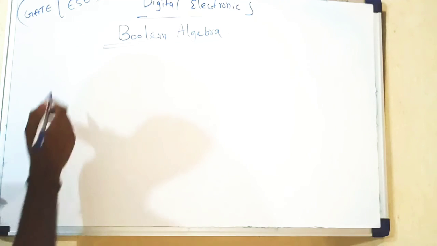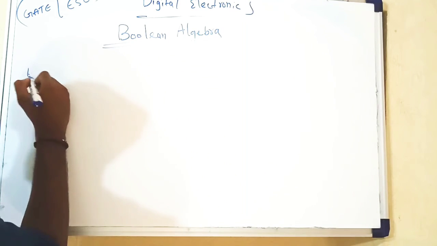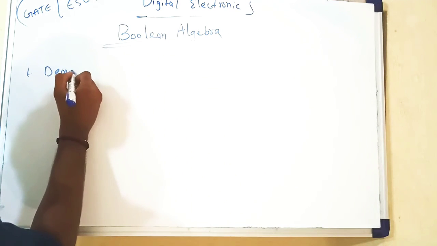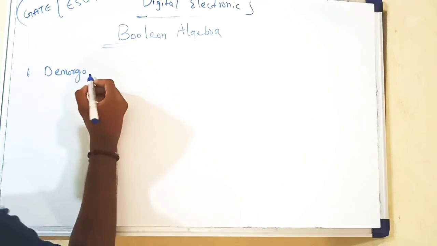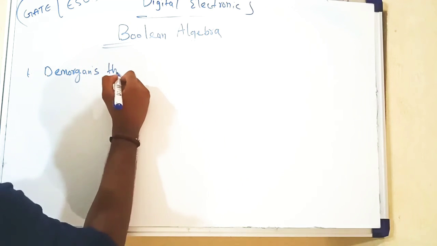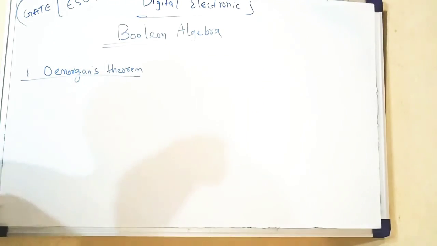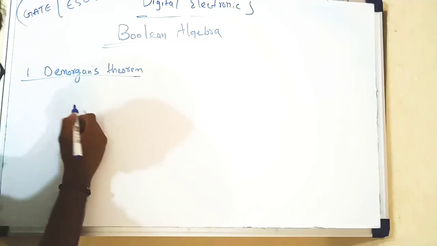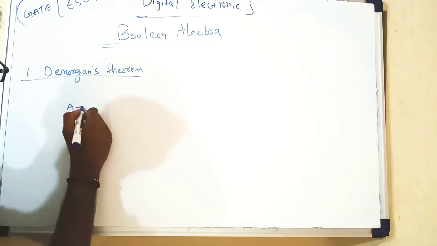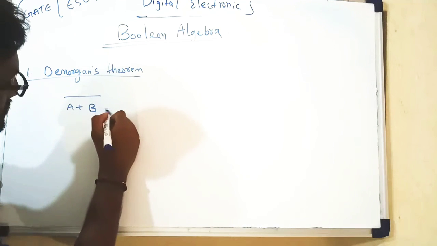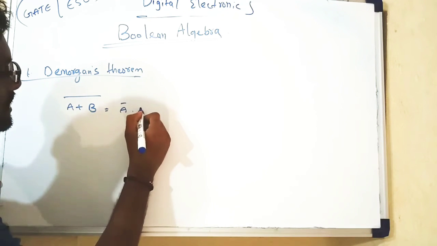Now we'll see some theorems. There is one very important theorem called De Morgan's theorem, which is very important for realizing simpler circuits. This states that A plus B whole bar can be written as A bar into B bar. Also, AB whole bar can be written as A bar plus B bar.